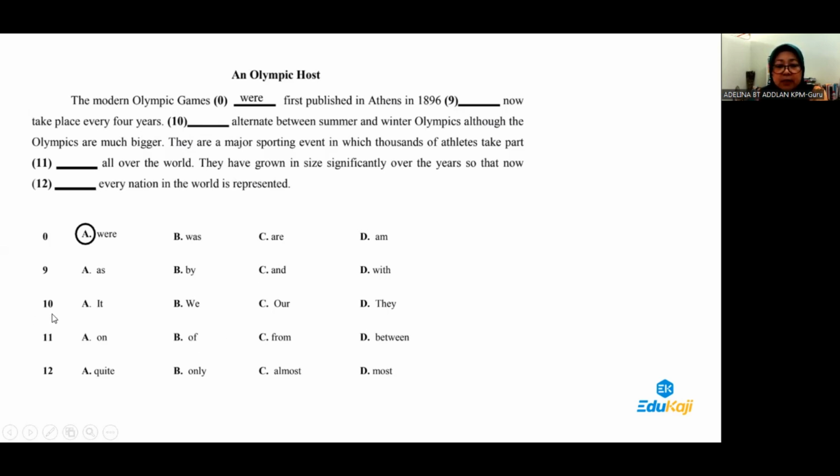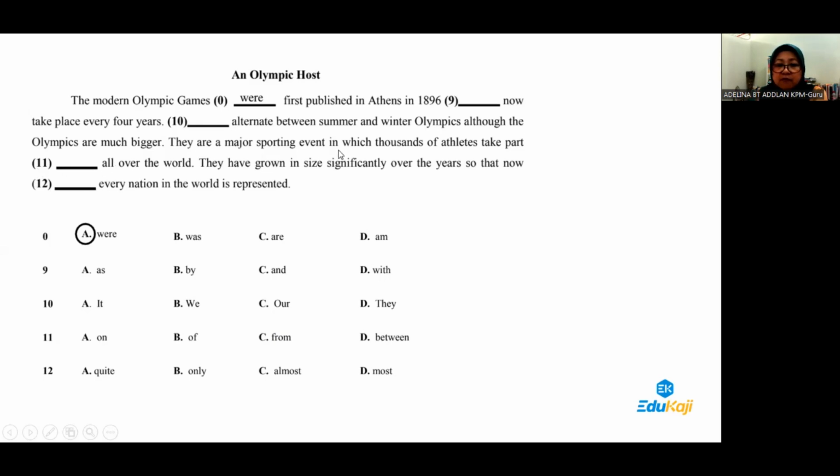Number 10. This is also grammar. You are talking about personal pronouns, referring to other people: it, we, our, and they. Then we go into number 11. This is a preposition to show position of what? Look at question number 11.